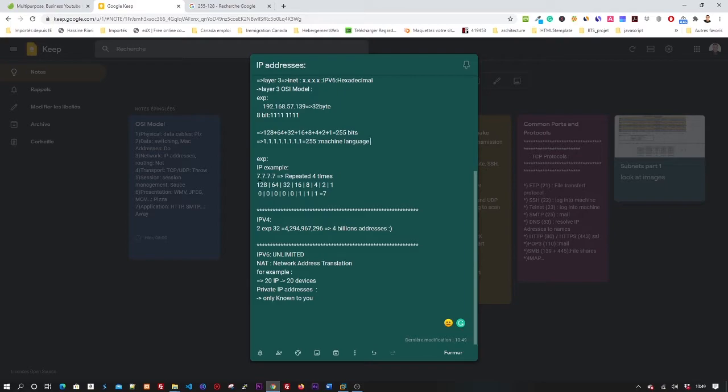If we have 7.7.7.7 as an IP address, repeated 4 times, we'll have 00000111, which means 1 plus 2 plus 4 equals 7. Is it clear? I hope that it is clear for you. These lessons are very important to you and your career, as anything can happen.